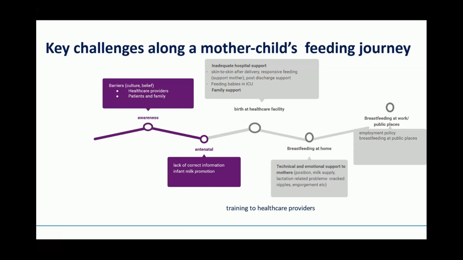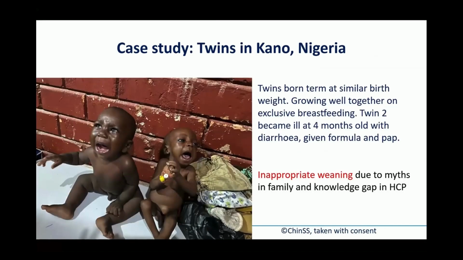Next slide. I just want to illustrate with 2 examples from a TFC in Kano, Nigeria that I just came back from. This is a very classic example. The twins, born at term with similar birth weight, were growing at a similar weight gain together on exclusive breastfeeding. Unfortunately, twin 2 became ill at 4 months old with diarrhea.